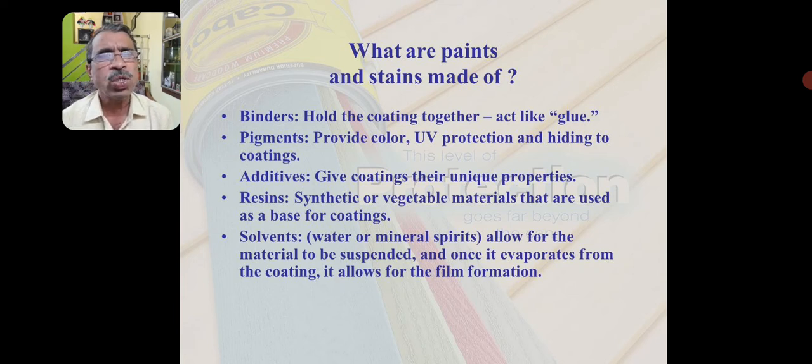Resins may be synthetic or vegetable materials used as a base for coatings. Solvents, which may be water or mineral spirits, allow the materials to be suspended, and once they evaporate from the coating, they allow for film formation.